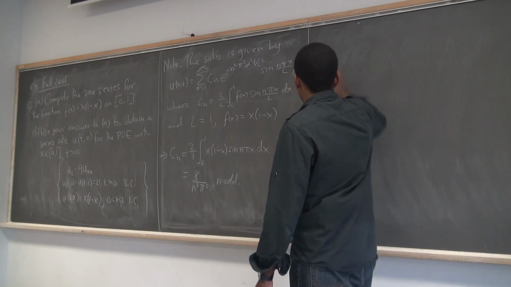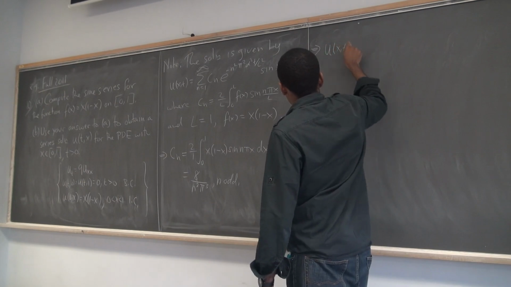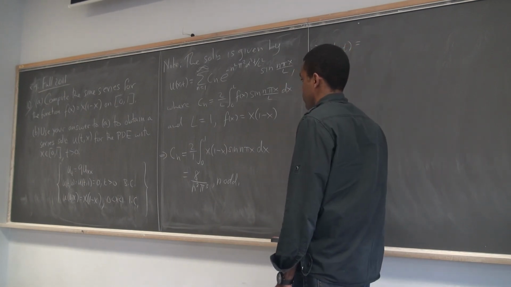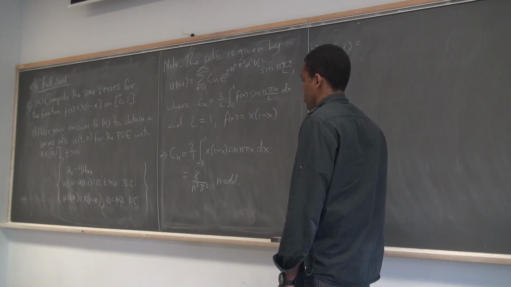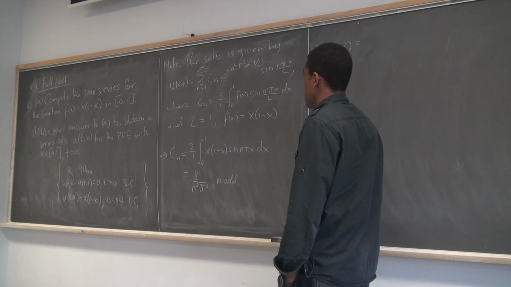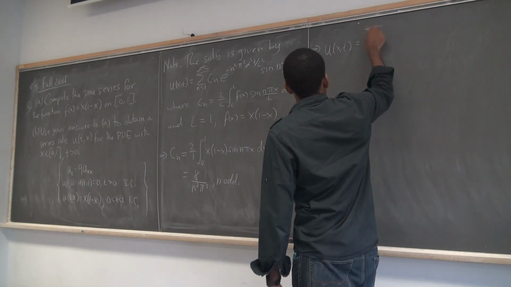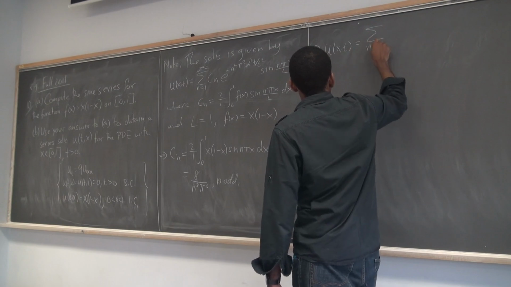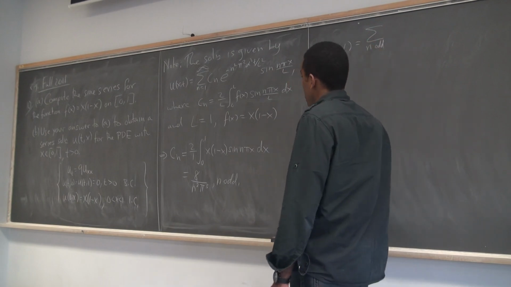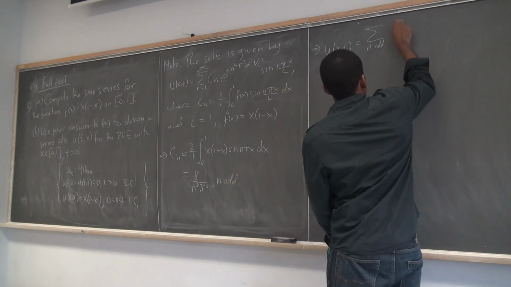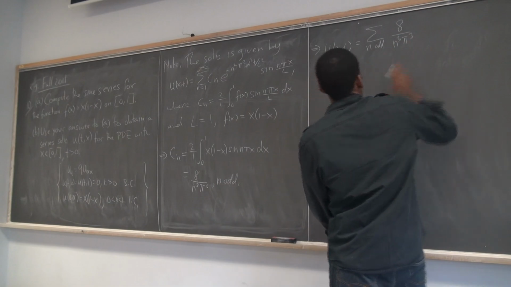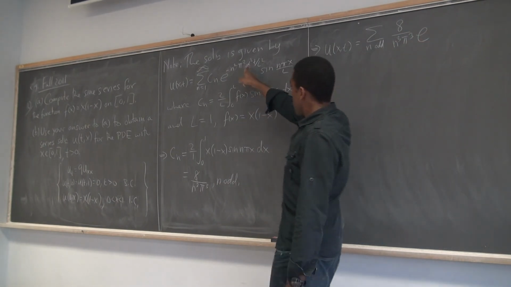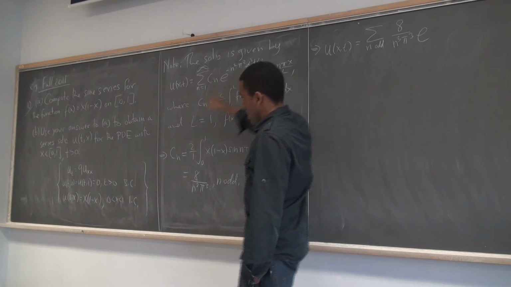And so what's our solution now? u of x,t is the sum over all odd integers of this guy, 8 over n cubed pi cubed, e to the, our alpha squared is what in this case? 9, right?